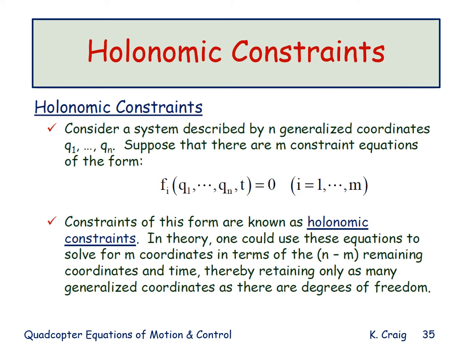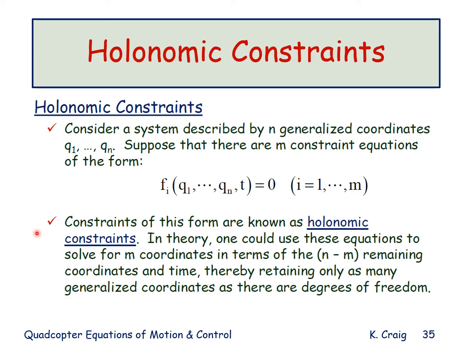We will use the Lagrange formulation for holonomic systems. What are holonomic constraints? Consider a system described by n generalized coordinates q1 through qn. Suppose that there are m constraint equations of the form f sub i, a function of q1 through qn, and also time, equals 0, i equals 1 to m.